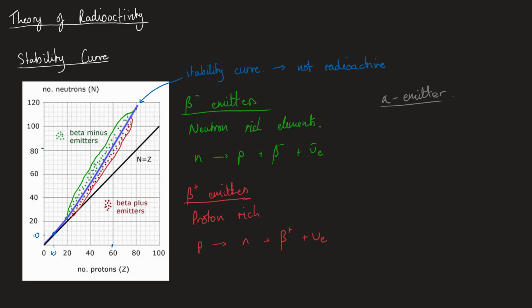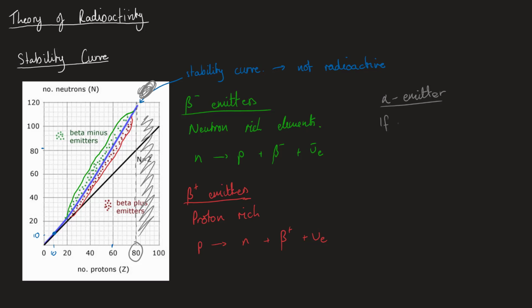It had to have just been a nucleus that's just too big, okay? And what we find is that usually anything that passes this proton number of 80, anything on this side of this line, so it tends to be molecules that are around up here, they tend to be alpha emitters.